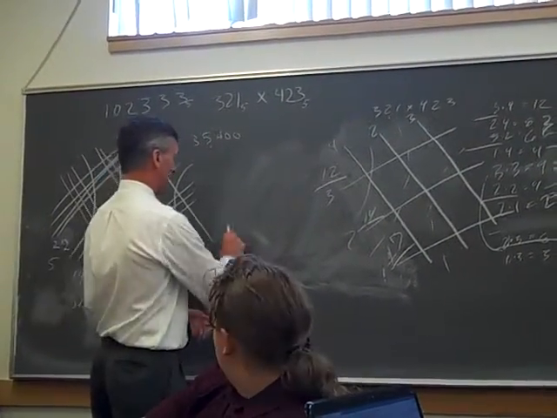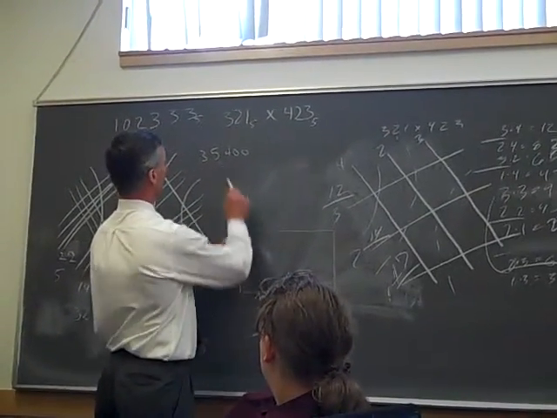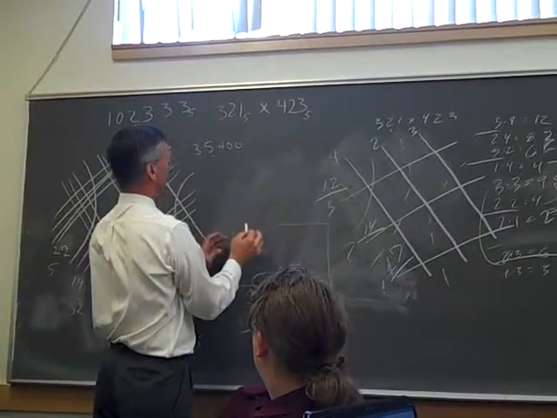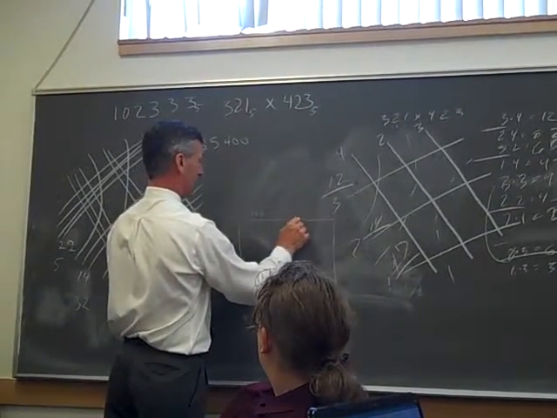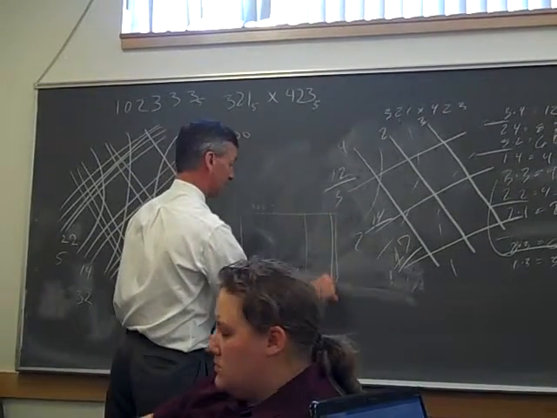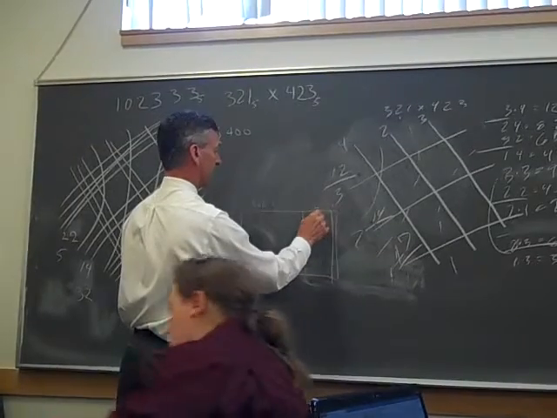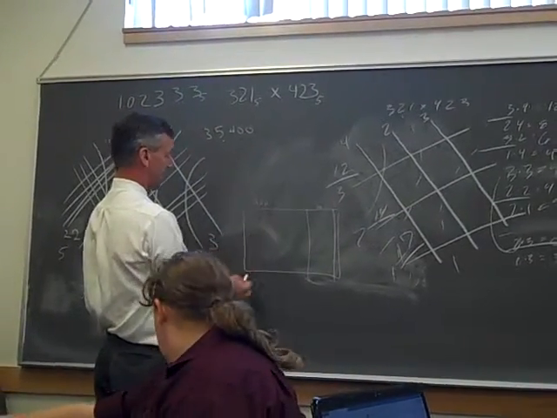I'm thinking of the area model. If this is 321, we have 300 out to here, 20. This isn't to scale, but and then oh yeah, and I've got the longer.